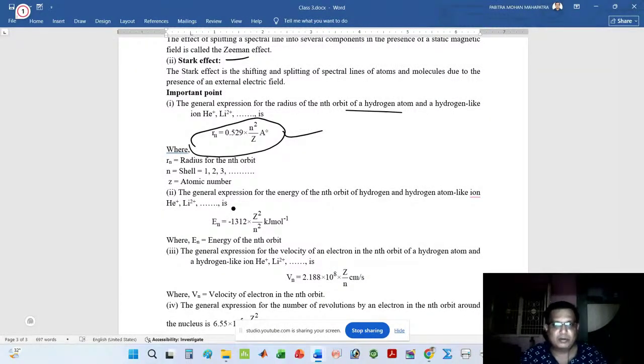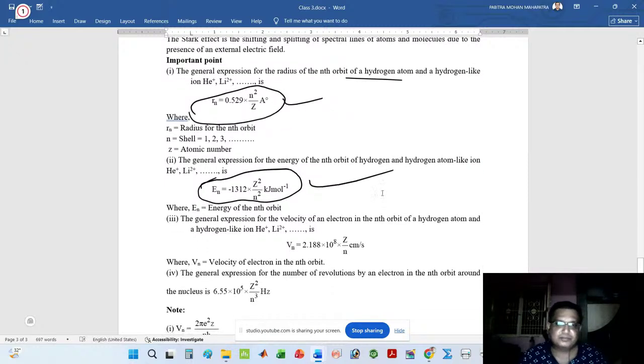Similarly, if you put the values in the actual equation for the energy, you will find En is equal to minus 1312 into z square by n square kilojoule per mole. This is the short expression.